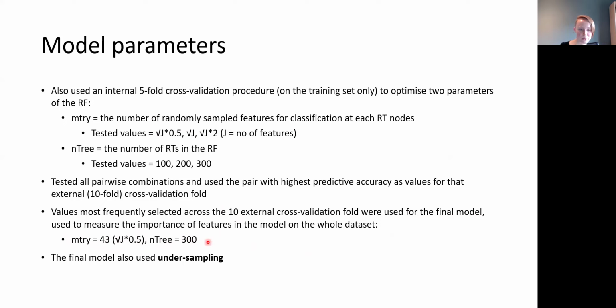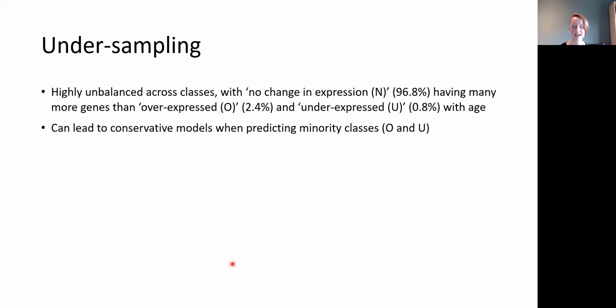Another thing that they did when building their model was using something called undersampling. So at the start, I told you that they have quite large imbalances between their classes. No change of expression accounted for 96.8% of the data, versus overexpressed, which was 2.4%, and underexpressed, which is 0.8%.